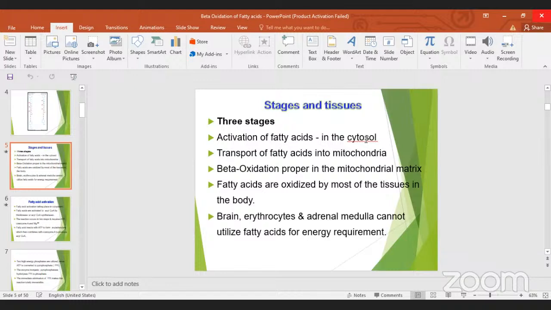One is the activation of fatty acid in the cytosol. Second, transport of fatty acid into mitochondria.